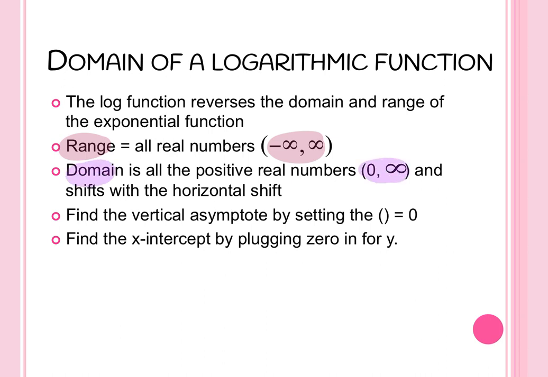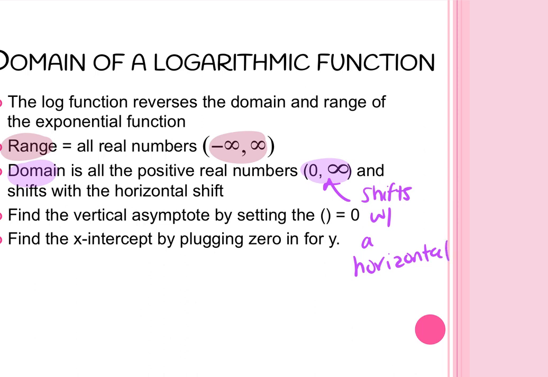It starts at 0 to positive infinity for the parent function, and it shifts with a horizontal shift, which means it is in the parentheses with the log, or with the x. So what was important to identify from our exponential graphs is if there's a vertical shift. What is important to identify from our log graphs is a horizontal shift.